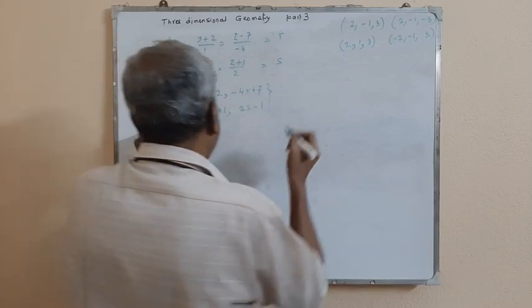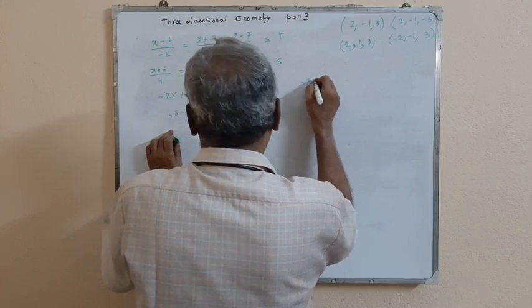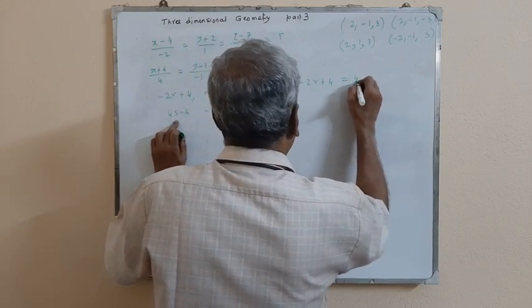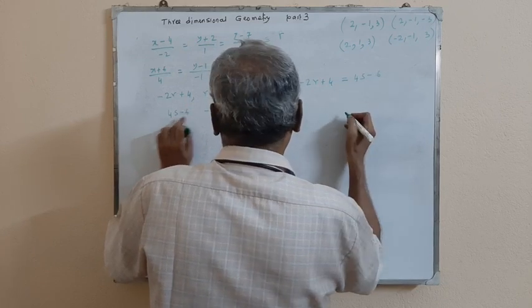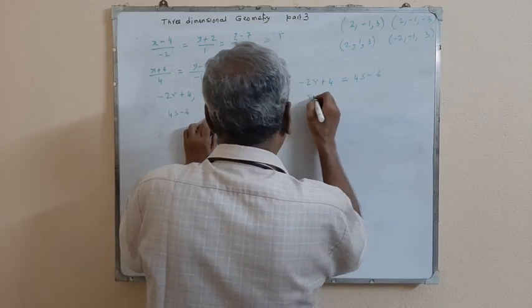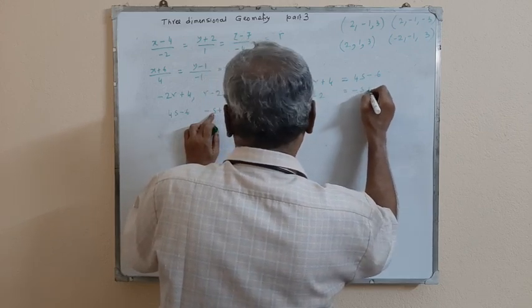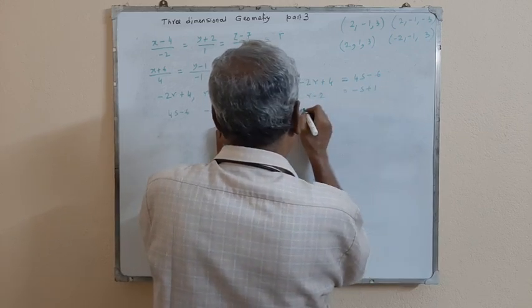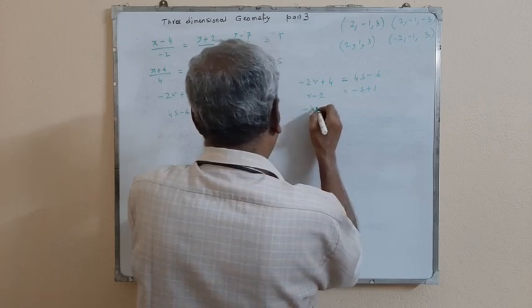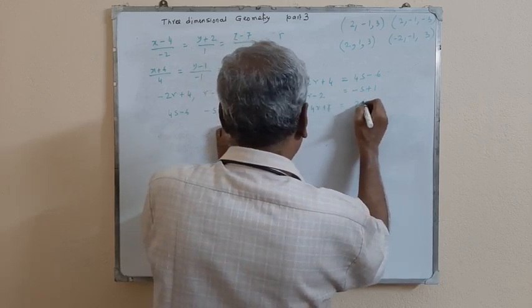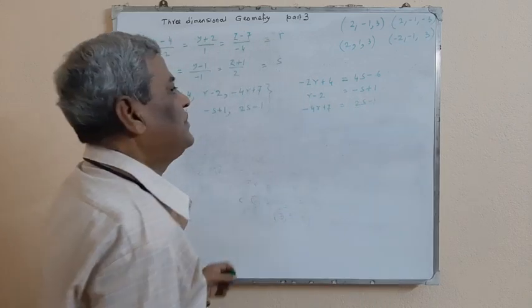That means we get minus 2r plus 4 is equal to 4s minus 6, r minus 2 is equal to minus s plus 1, and minus 4r plus 7 is equal to 2s minus 1.